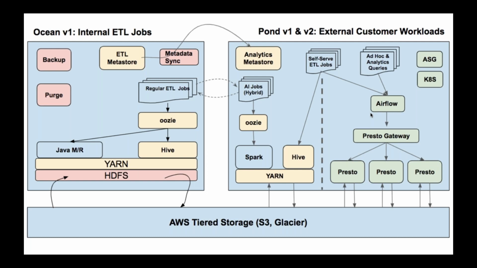All the data eventually is stored in S3. But on the left-hand side, you can see we are using HDFS, Yarn, Hive, Oozie, this kind of pretty traditional stack. And on the right-hand side, we have part of the cluster running Yarn and Hive, and part of the cluster is already upgraded to more modern technologies like Presto.